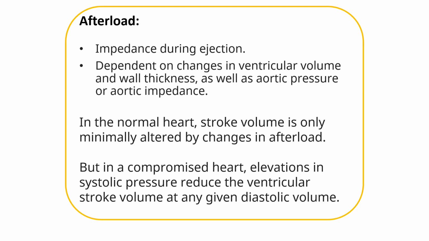It also depends on changes in aortic pressure and systemic vascular resistance. In the normal heart, stroke volume is only minimally altered by changes in afterload. But in a compromised heart, elevation in systolic pressure reduces the ventricular stroke volume at any given diastolic volume.